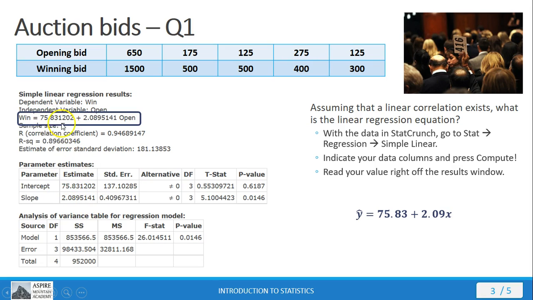So I often take these values from the parameter estimates table, and that way I can actually see them better and I avoid transcription errors. So this area right here has got the same numbers as our regression equation itself. Either way you get it, you can come to the same conclusion of the regression model.